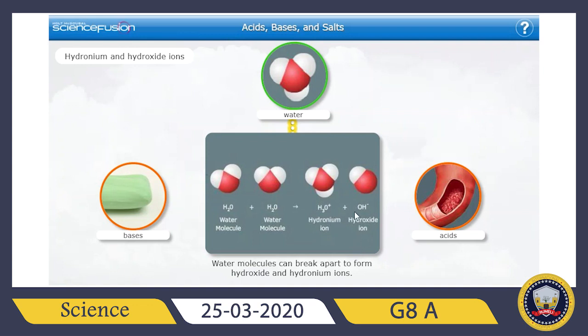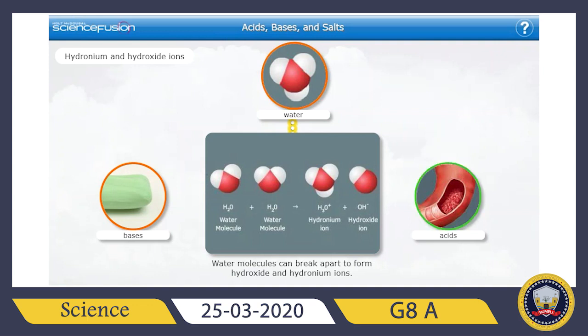We call these ions because they have positive and negative charges. And for some substances we have this ionization. Water is a special substance that can have different ions inside of it. So, how are acids or bases related to this?